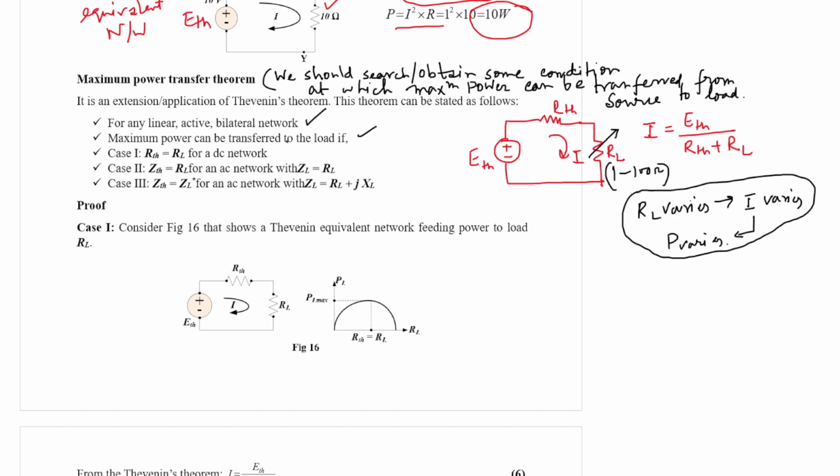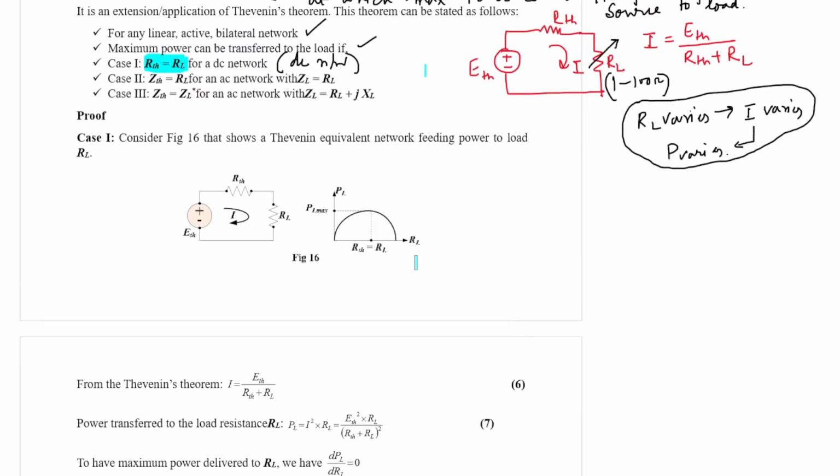The first one is for a DC network: if you vary RL, maximum power will be transferred when RTH becomes equal to RL. At that condition maximum power is transferred, and the nature of the power transfer is this.